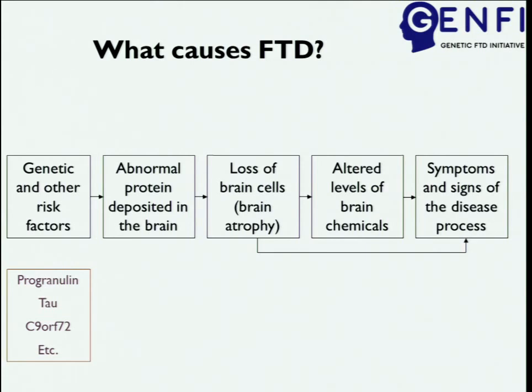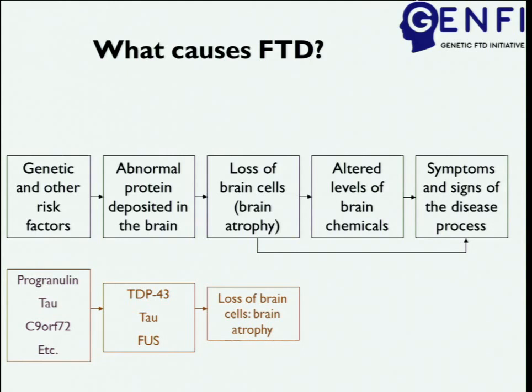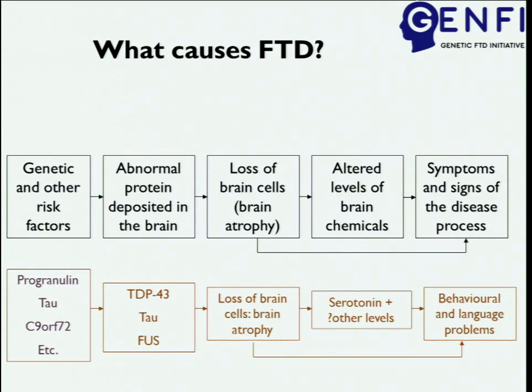Through a variety of pathways, they lead to deposition of proteins, and the proteins that are important in FTD all have funny names: one called TDP43, one called tau, and one called FUS. And then, of course, you lose brain cells, and then there are altered levels of brain chemicals. We don't know much about this. We think serotonin might be involved. And then, of course, it leads to these behavioral and language problems.